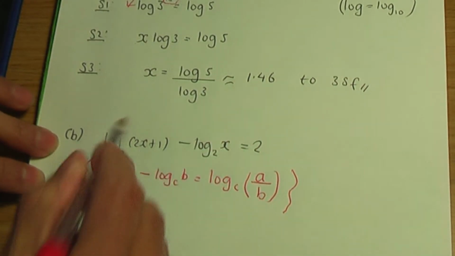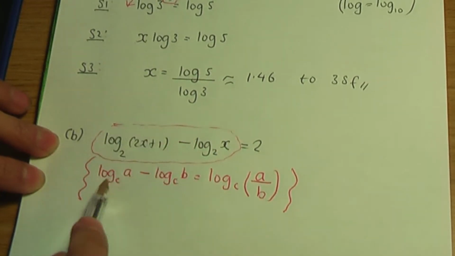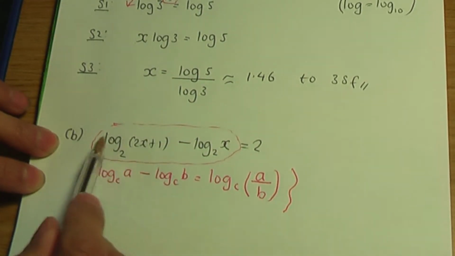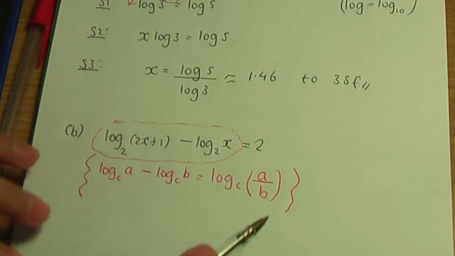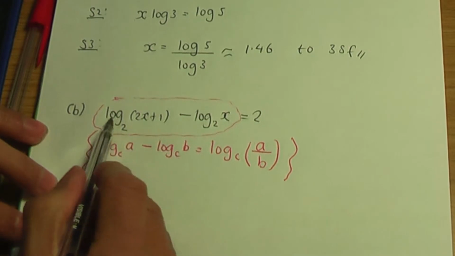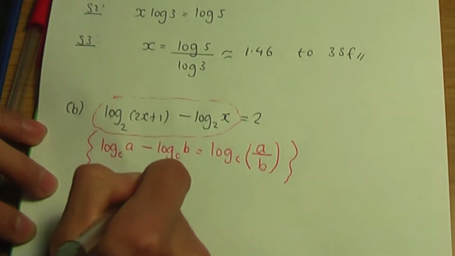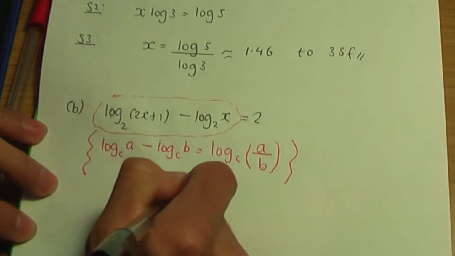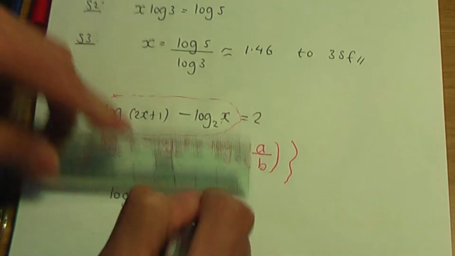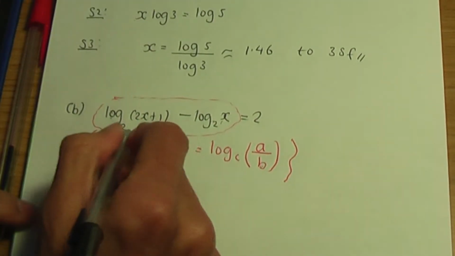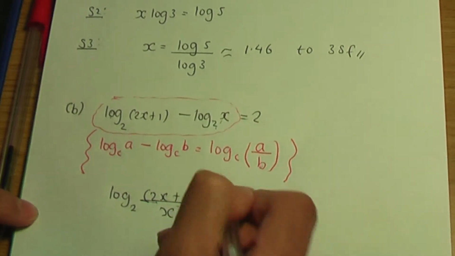So my eye's on this term on the left, and as a result of this law we can rewrite this equation. Let me rewrite the left hand side using this law to give me log of 2x plus 1 divided by x, to the base of 2, and that in turn is equal to 2.